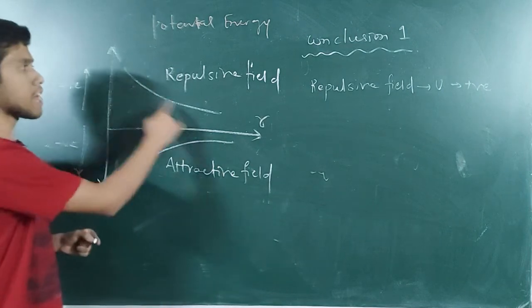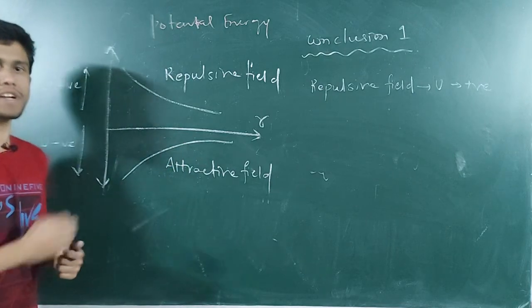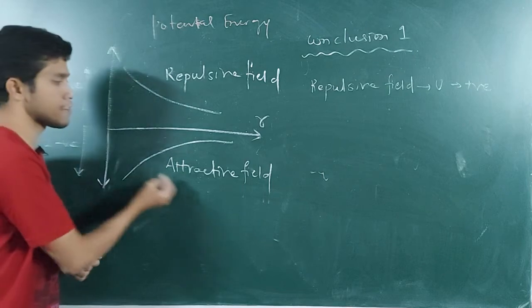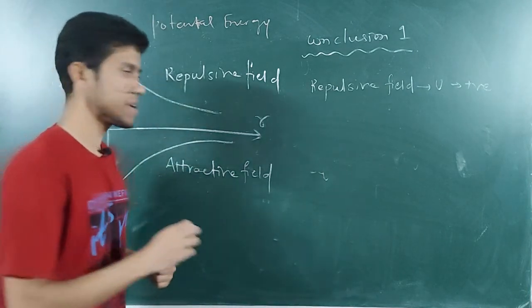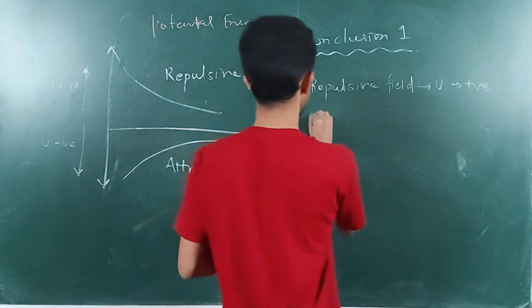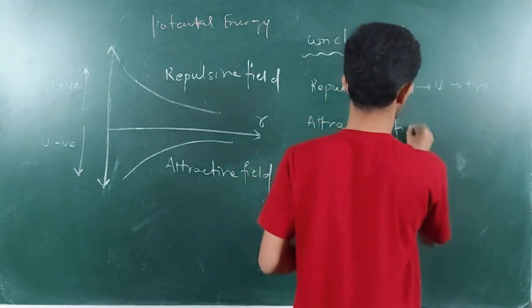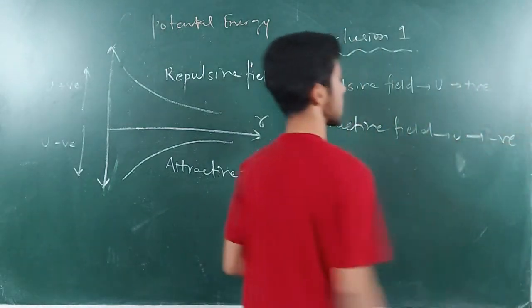You can see the graph of the repulsive field lies above the x-axis, that is, it lies in the positive y direction, whereas the curve for the attractive field lies below the x-axis, that means it is in the negative y direction. So I can write, an attractive field has U which is negative.